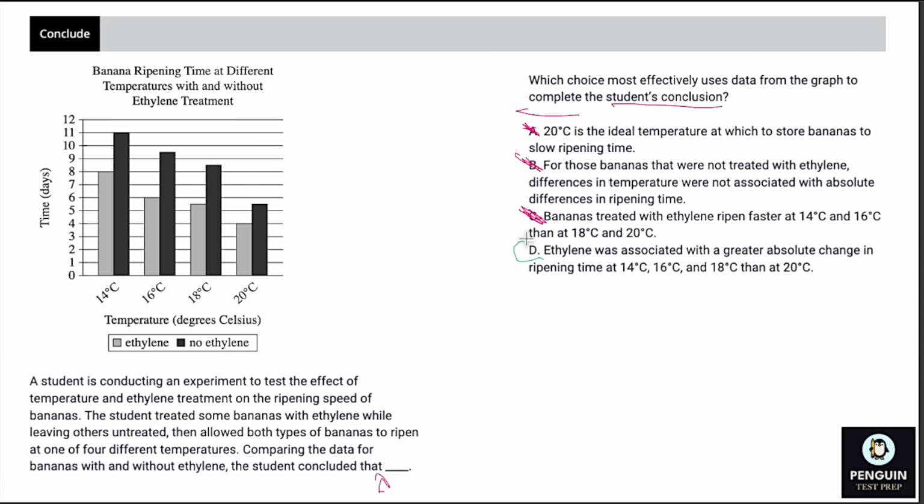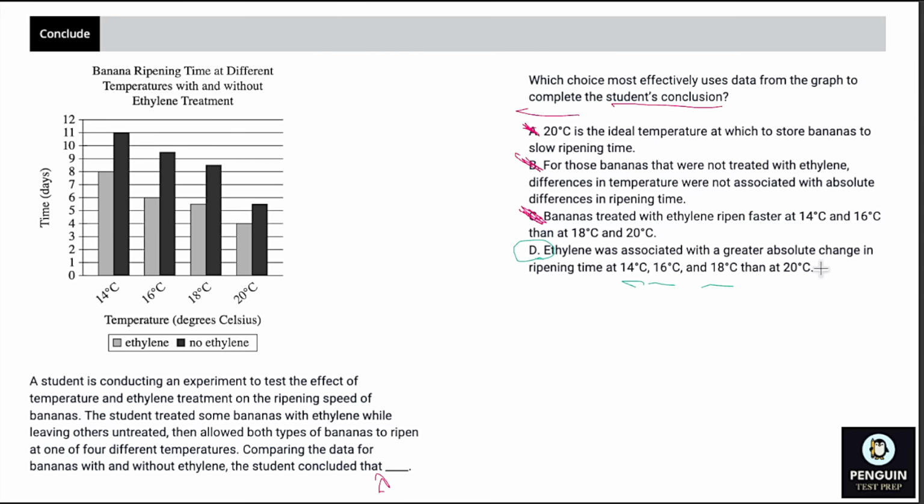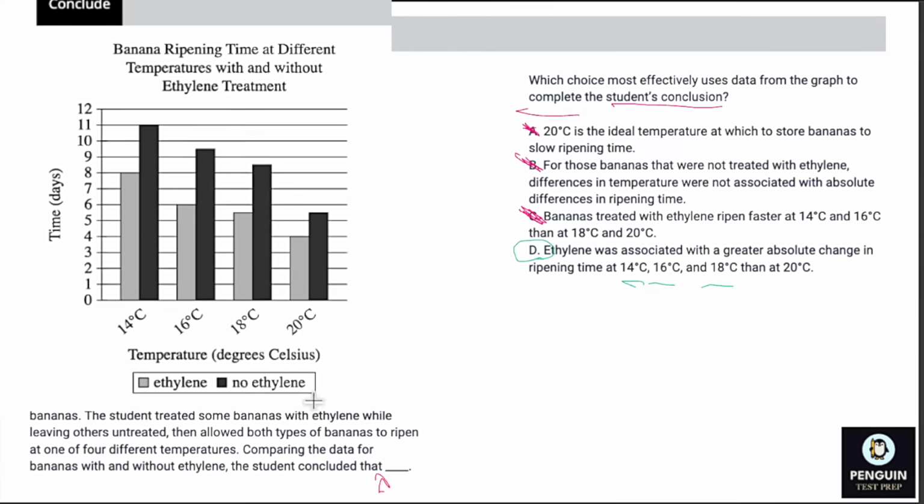Just to go ahead and check though, it says ethylene was associated with a greater absolute change in ripening time at 14, 16, and 18 than at 20. So when it says greater absolute change in ripening time, we're basically seeing the difference between treated and untreated, right?